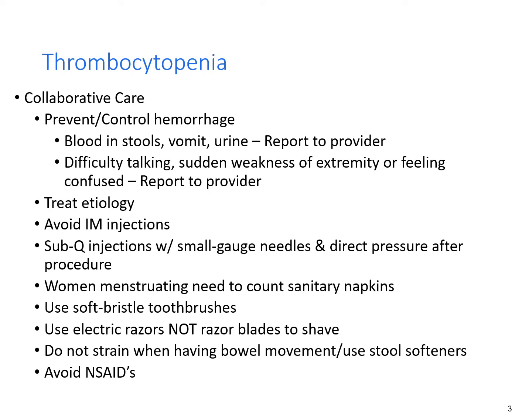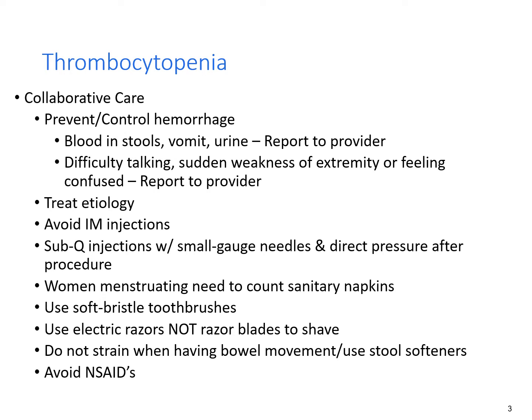So you're avoiding IM injections. If they have to get injections, you're giving sub-Q injections with small gauge needles, and you're giving direct pressure after the procedure. If a woman is menstruating, you want to make sure that she's counting her sanitary napkins, because you want to see whether the number of sanitary napkins increases and whether she's bleeding more.